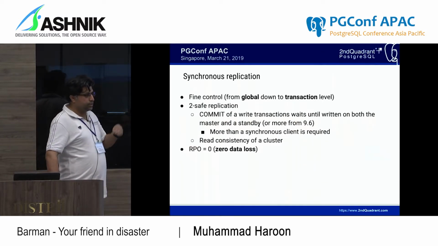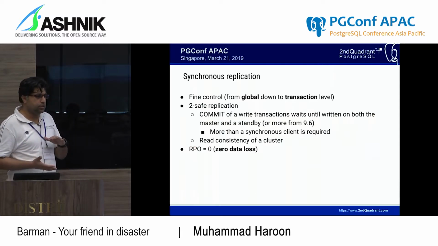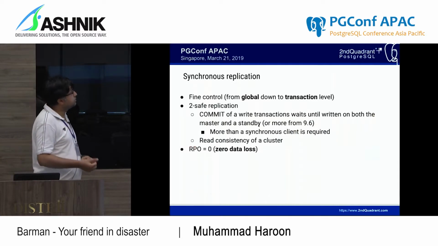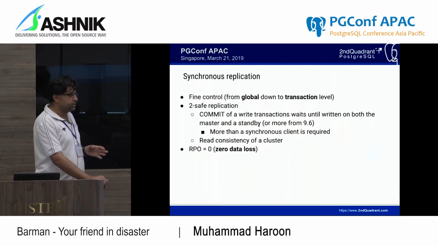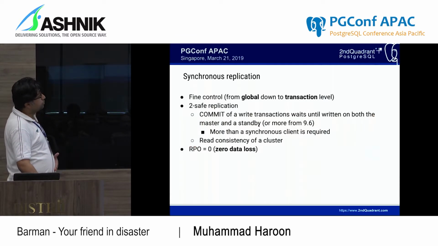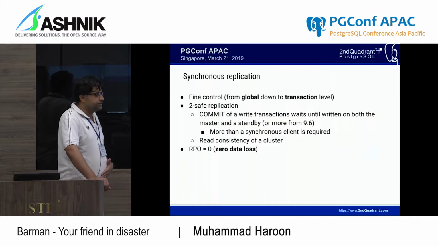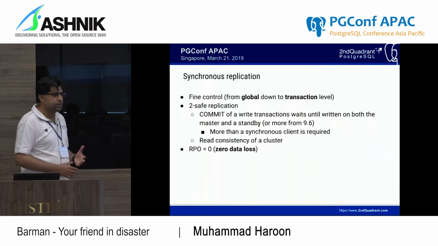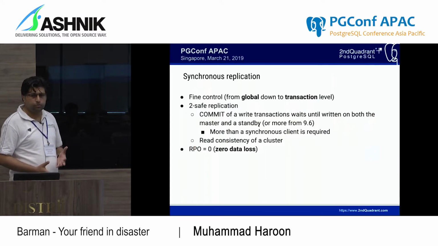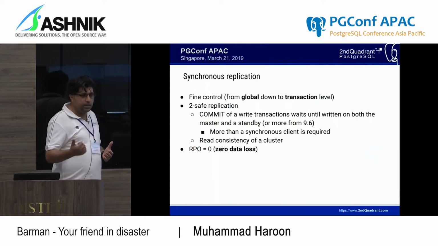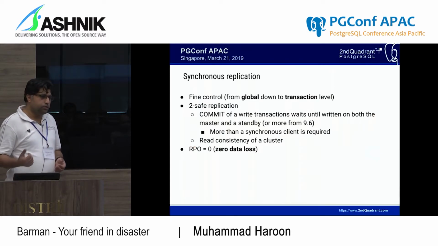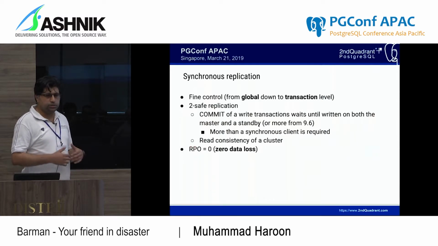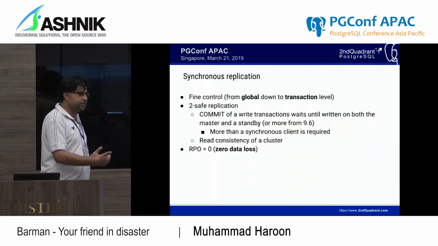So how do we further take a look at the concept of reducing the RPO, the zero data loss policy? We will look at synchronous replication. That's another feature that PostgreSQL provides. You get to define one of your standby servers, or more than one, as synchronous replicas of your primary server, which means that any commit that happens on your primary server will not complete unless one of your synchronous standby servers has also received the same commit.